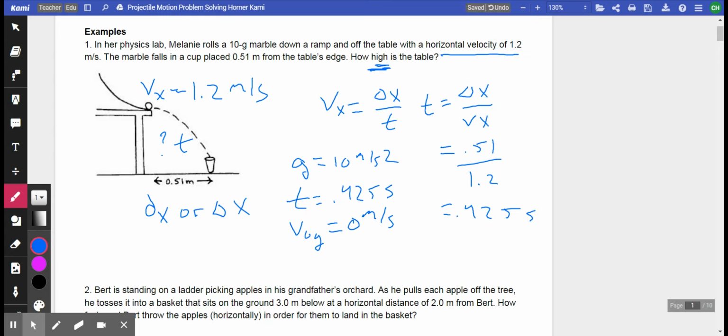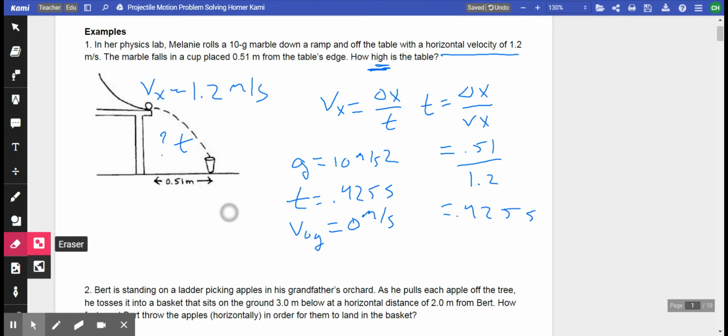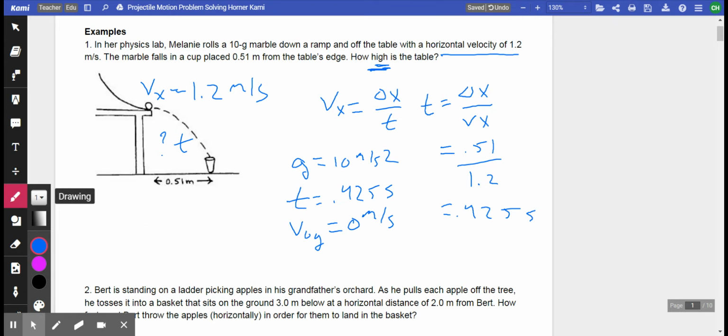So let's use one of our kinematics equations. Delta y, that's the change in the position, is equal to the original velocity in the y times time plus 1/2 of gravity times time squared.